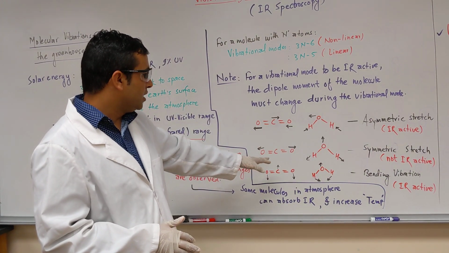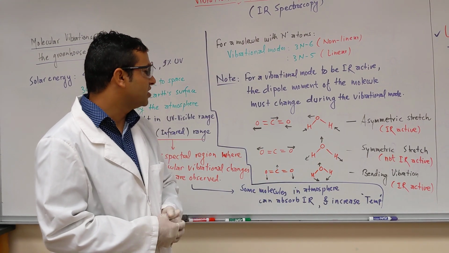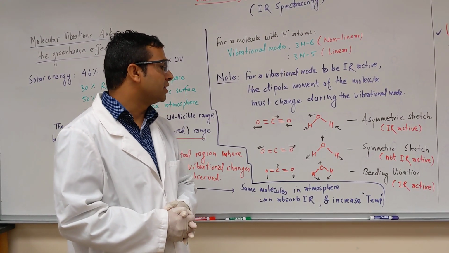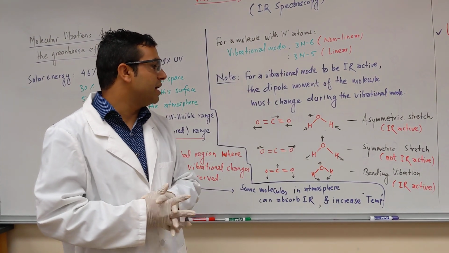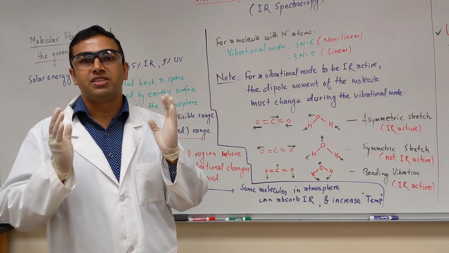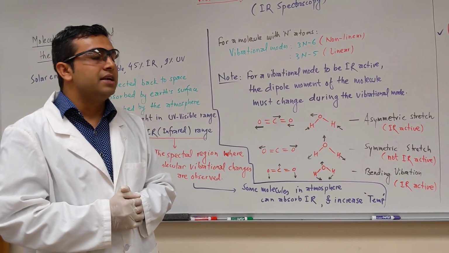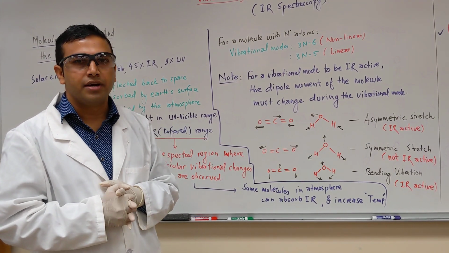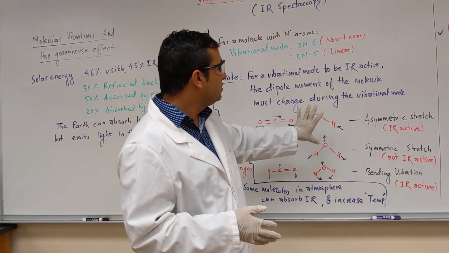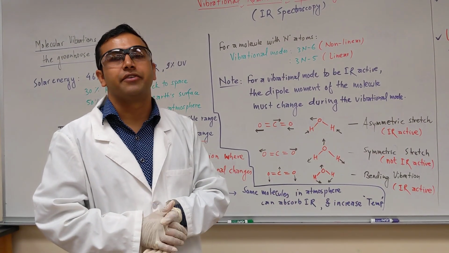Also, we have another vibration, which you can see here for carbon dioxide and for the water molecule, which is called a bending vibration. This bending vibration is IR active. So the bending and the asymmetric stretch are actually IR active, right? From this we can figure out which of these modes is IR active.